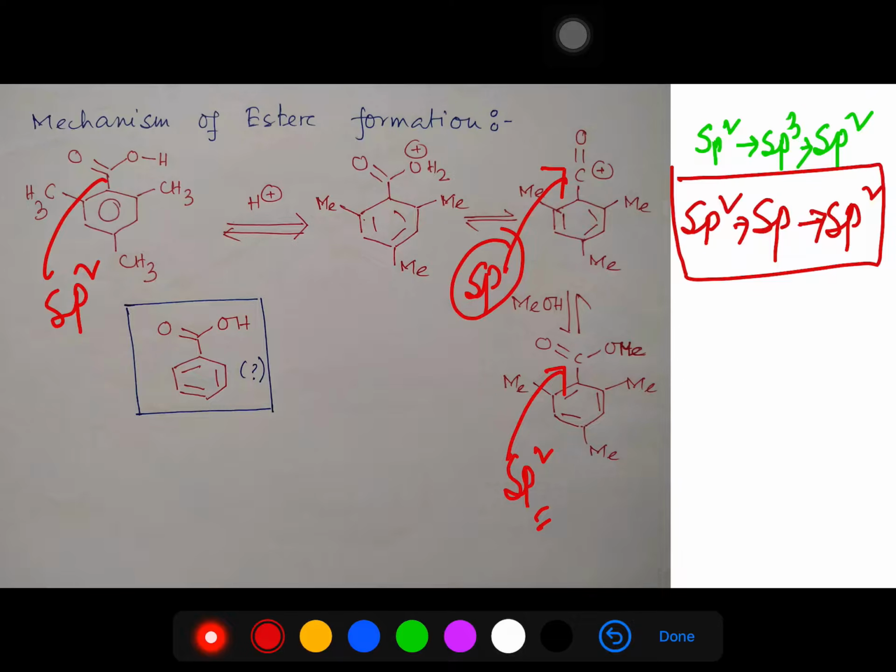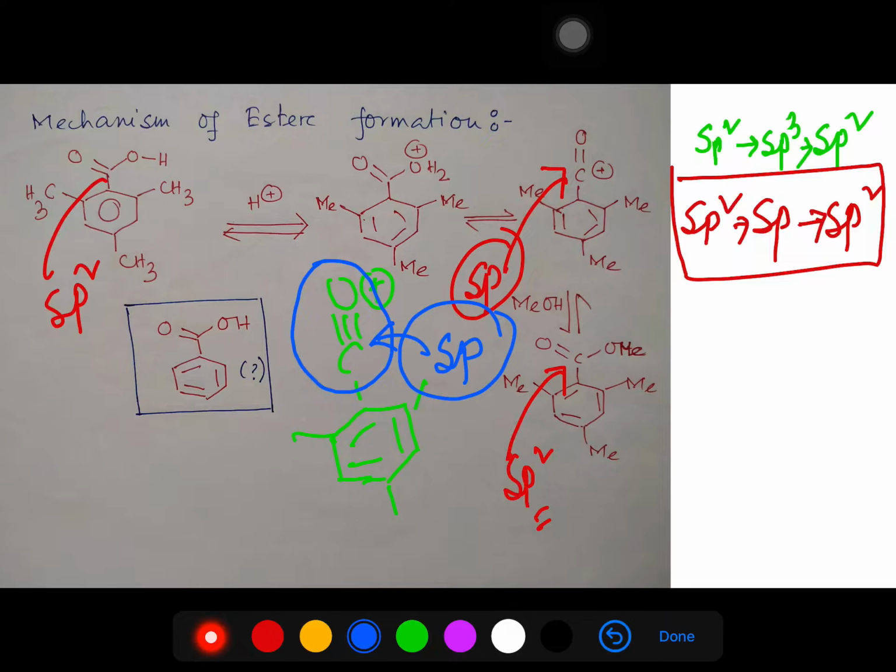Now you may be a little confused: why is this sp? In order to remove your confusion, you may keep this structure in your mind, another canonical form, this. So here, this is an acetylene-type derivative, and in case of acetylene hybridization is sp, so in this case you may consider that this is sp.